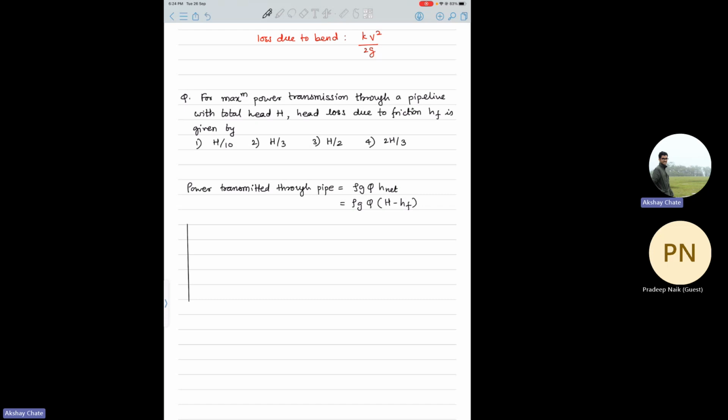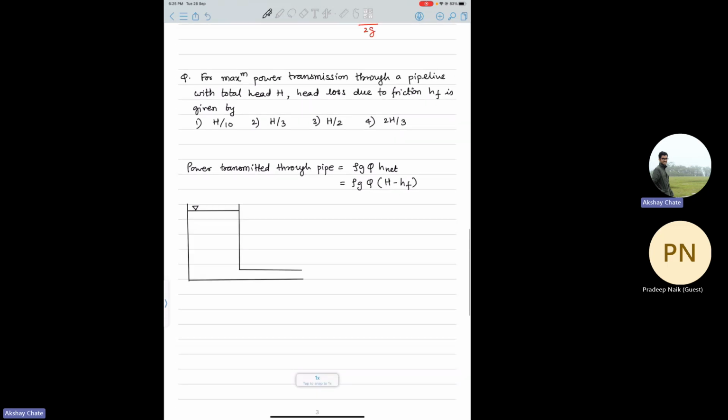And you can imagine it something like this. Let's say there is a tank. It's a very big tank. For the purpose of drawing I am drawing it small, but assume it is a large tank with water level up to a very large height, which is given as capital H in the question. Total head is given here, the capital H. Here you can put any pump also, at the inlet of the pipe, and calculate how much the pump head is, because every pump is also defined by a maximum head and maximum flow rate.